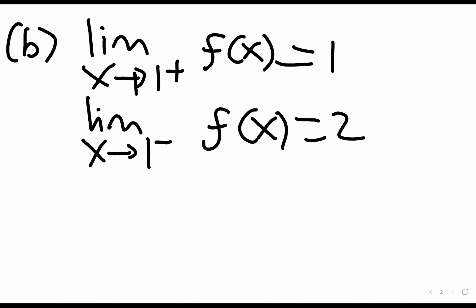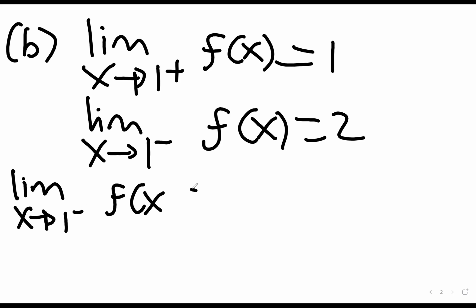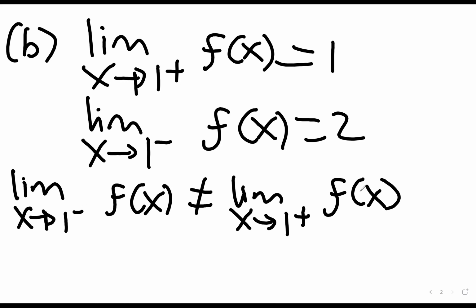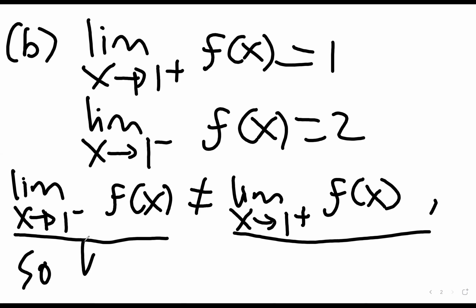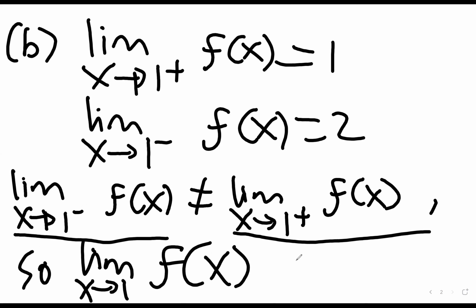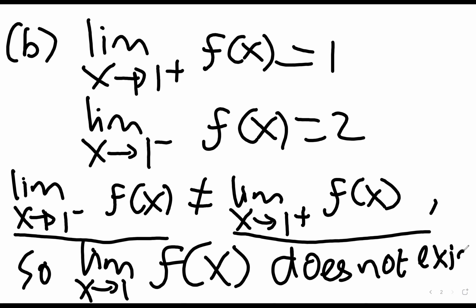Here we have the limit x tends to 1 minus of f of x is not equal to limit x tends to 1 plus of f of x. So the left hand limit is not equal to the right hand limit. So the conclusion is the limit x tends to 1 of f of x here does not exist.